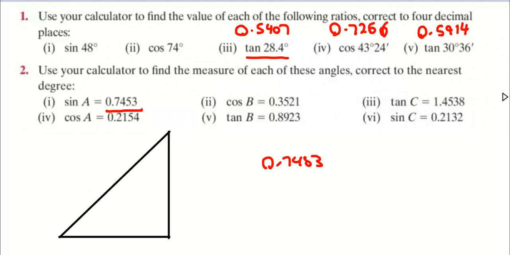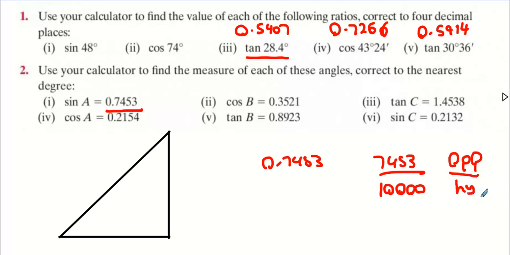So look at this. Ready? Look at this. So that's 7,453 divided by 10,000, right? And sine is, everybody looking for this? Sine means opposite over hypotenuse.